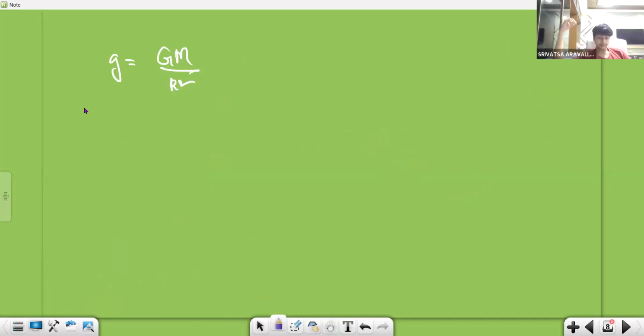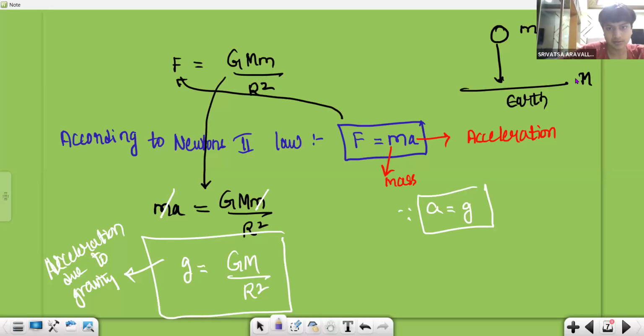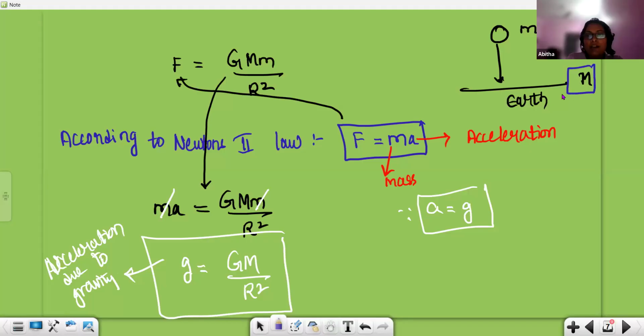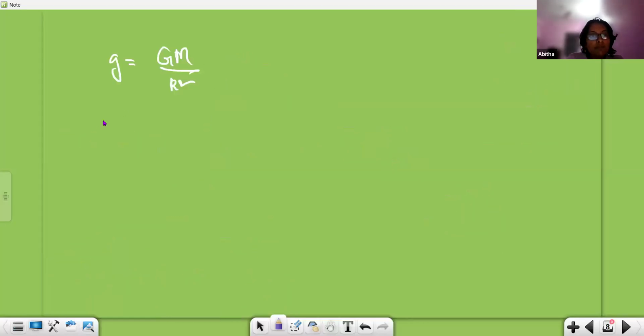Let's write what capital M is here. Capital M is the mass of the Earth; small m of the object already got cancelled here.